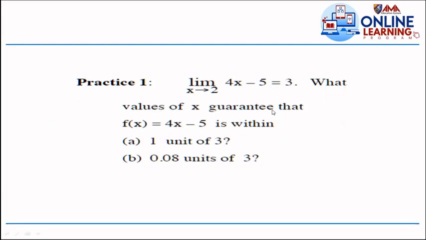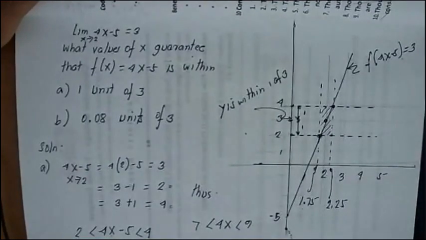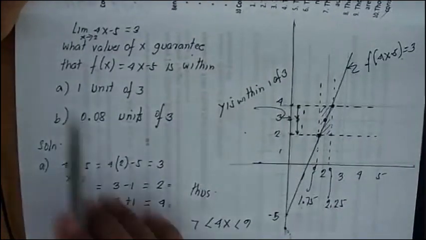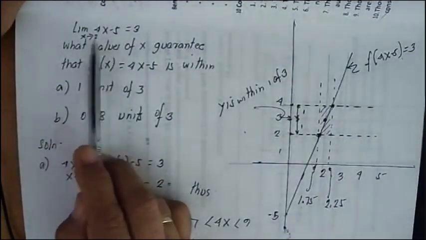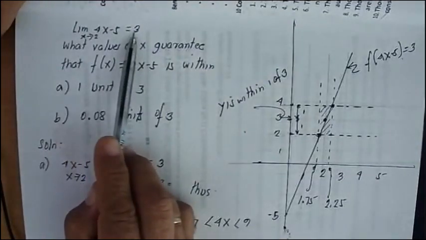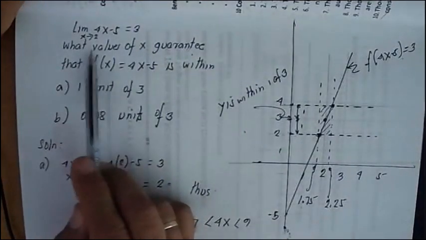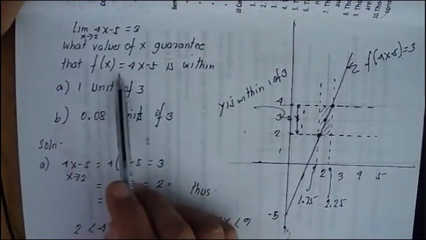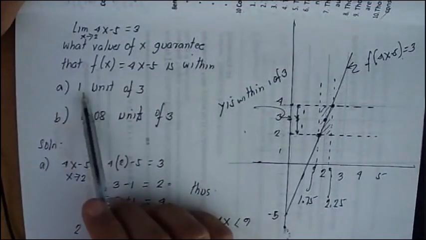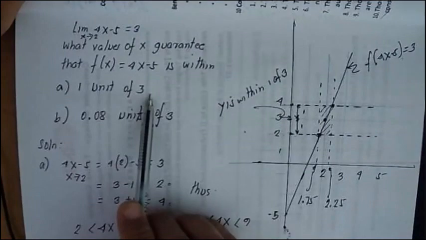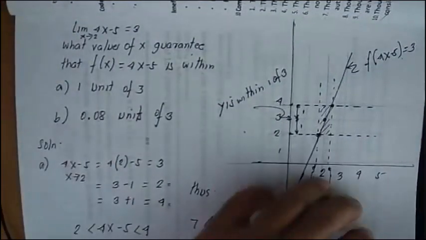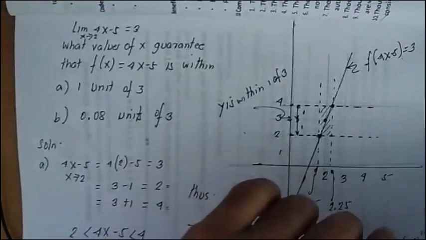So what values of x guarantee that the function f(x) = 4x minus 5 is within 1 unit of 3 for letter A, and within 0.08 units of 3 for letter B? Okay?